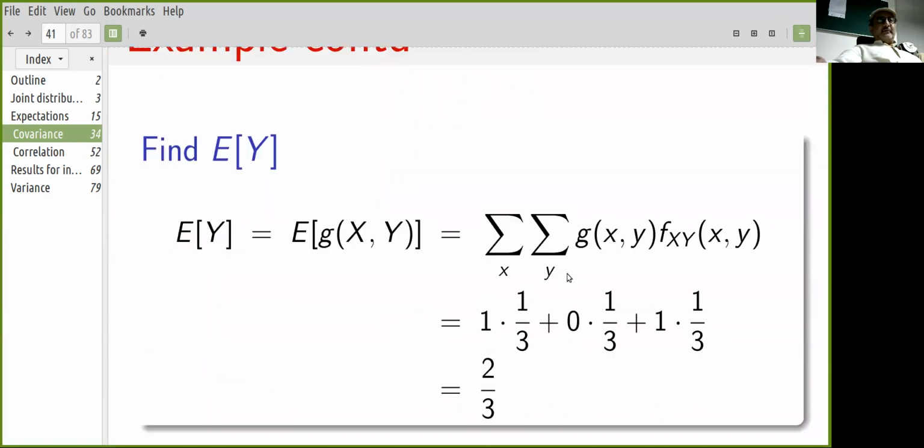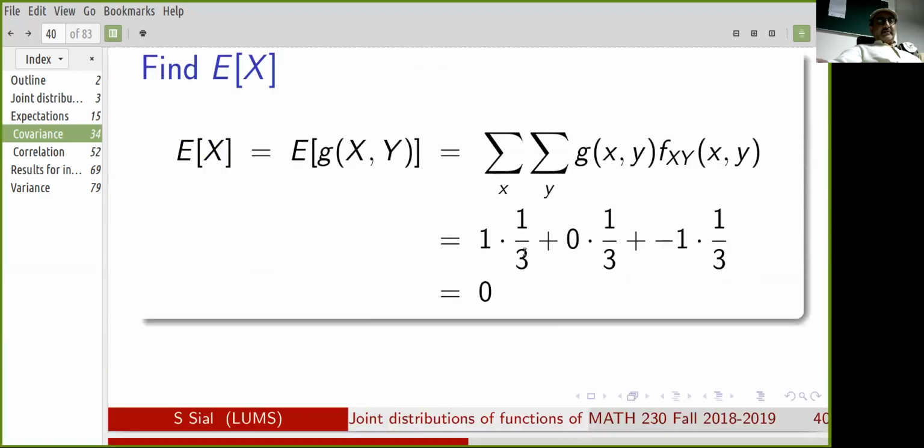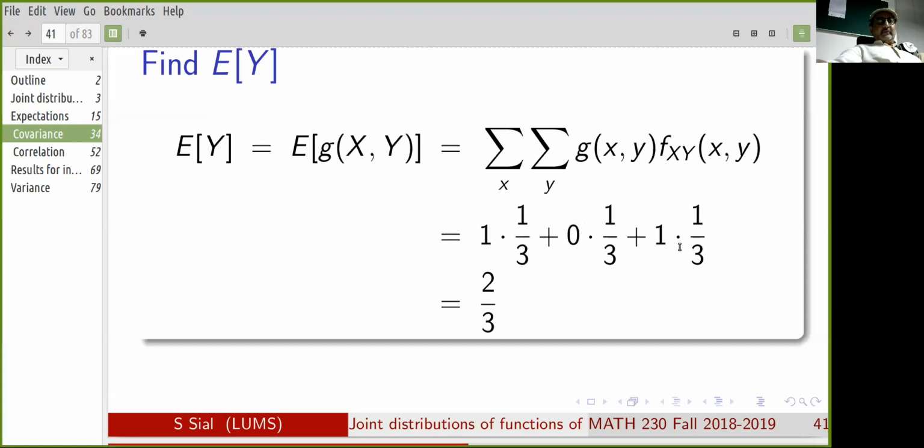What's the expectation of Y? Well, this Y value is 1 times its probability, 1/3. This Y value is 0 times its probability, 1/3. And this Y value is 1 times its probability, which is 1/3. So 1 times 1/3 plus 0 times 1/3 plus 1 times 1/3 is equal to 2/3.